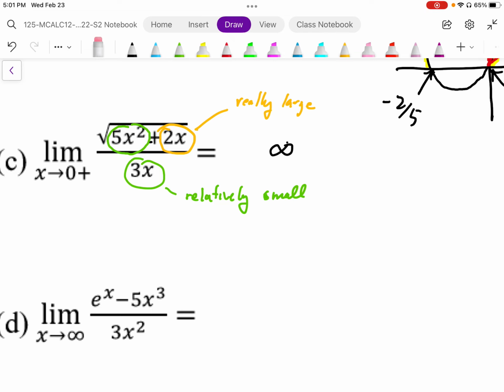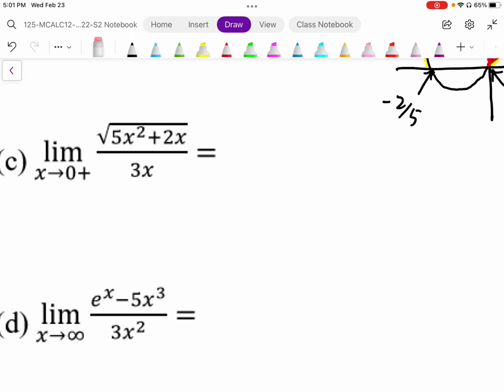There is also an algebraic way to deal with this. The algebraic way is to get rid of the biggest powers and see what happens. So I'm going to divide by 1 over x here, and 1 over x here. That's the biggest power overall.